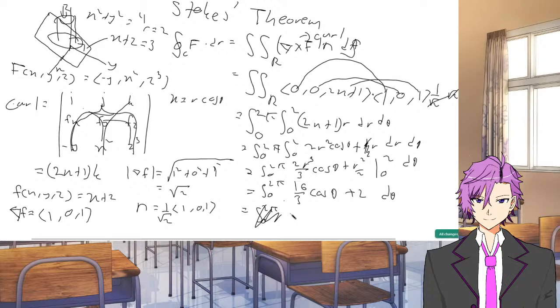Cos will be negative sine, differentiate sine becomes cos, integrate cos, it becomes sine, 16 over 3 sine theta plus 2 theta, 2 approaching 2 pi equals 2, so it would be... from 0, all of this would be 0, so the answer is 4 pi. And the answer is correct.